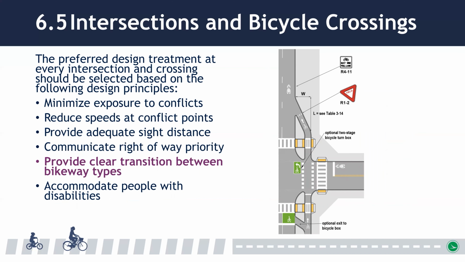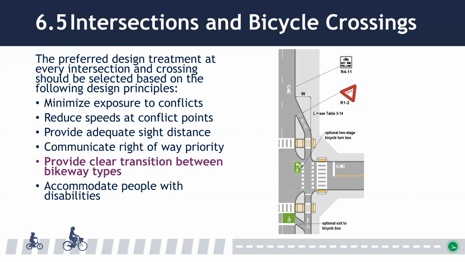Intersections also often serve as the place where bicyclists make transitions from one bike facility to another. Transitions between bikeways should be intuitive for all users of the intersection. For example, it is important to provide a clear and direct path for pedestrians crossing a bicycle facility to reduce the likelihood that pedestrians will use the bike facility as their walkway.